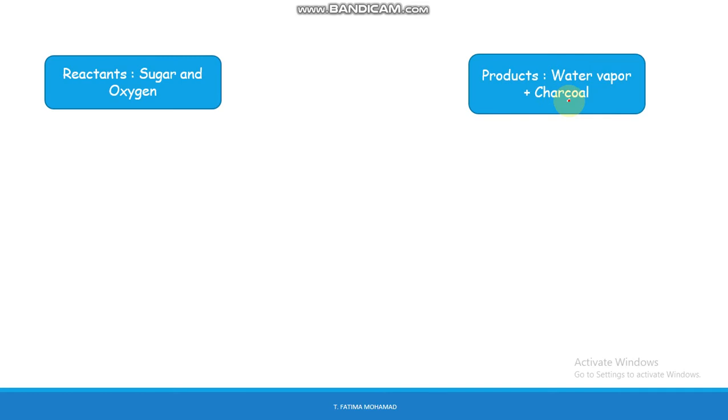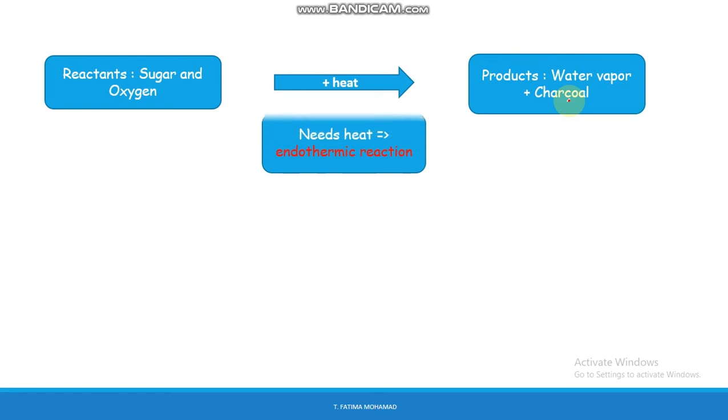Would this change take place without heating? Of course not. It needs heat, and since it needs heat, it's called an endothermic reaction. Endo means need, thermic heat, so it needs heat.